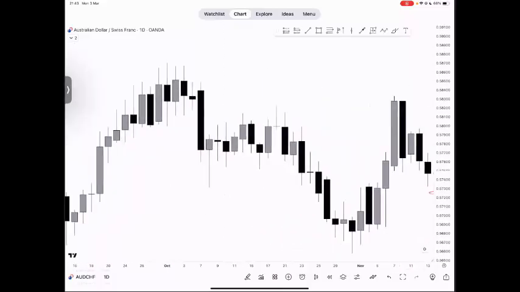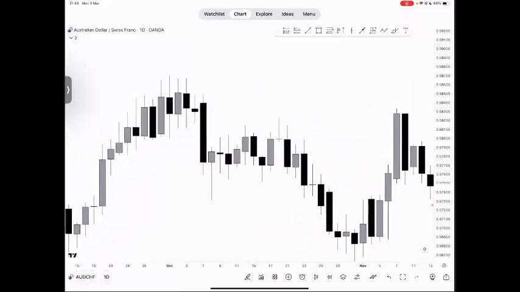Again, this is what happened here as well. The price opens and closes at the same level. This is another example of the doji candlestick. This particular candlestick here is another example of a doji candlestick. You can see that it has no body, right? It does not have a body like every other candlestick. It's just price opening and closing at the same level.